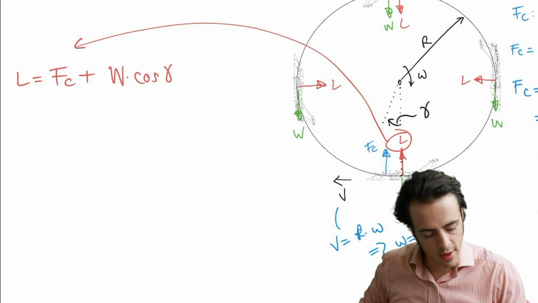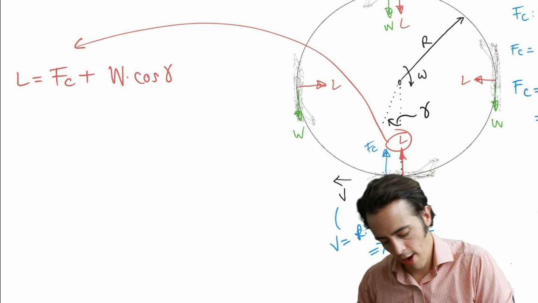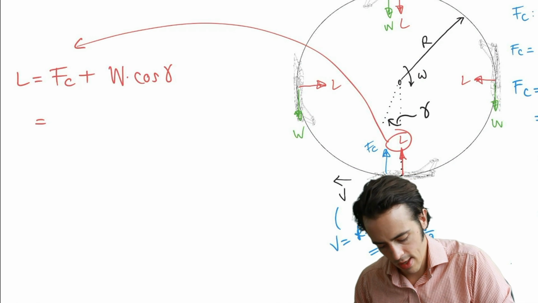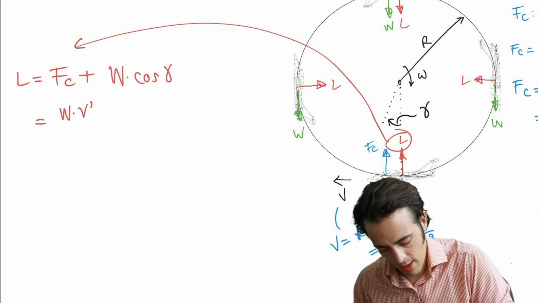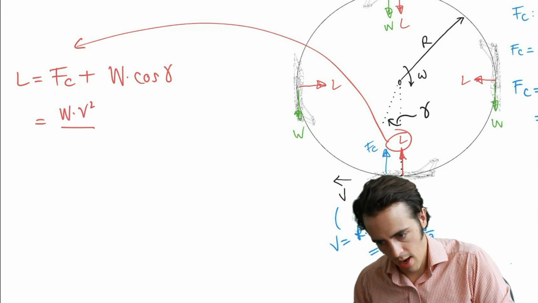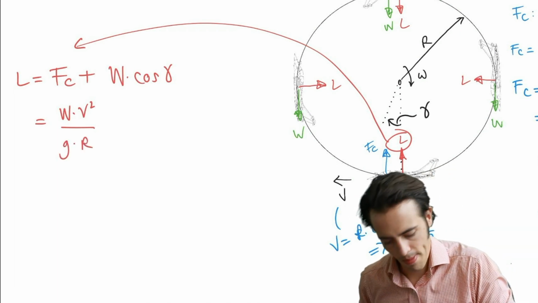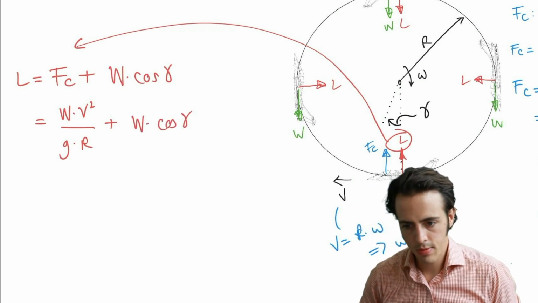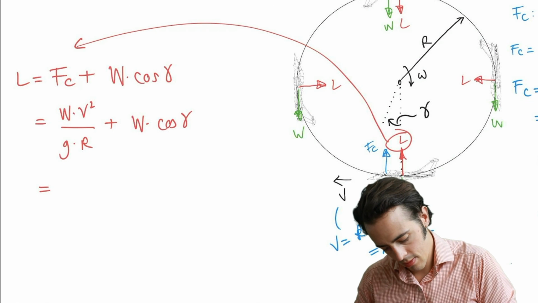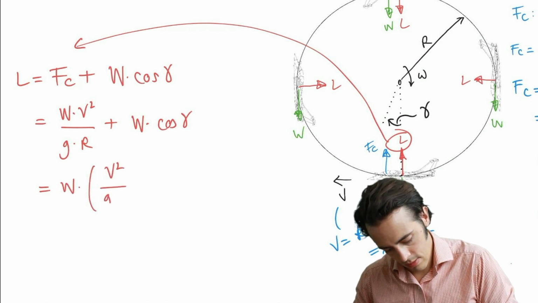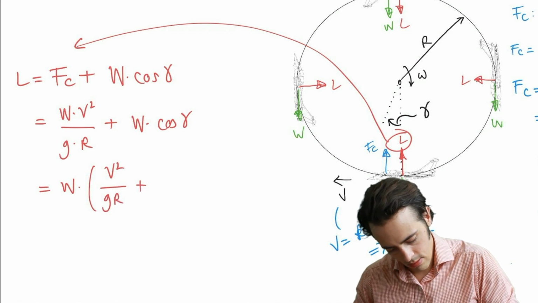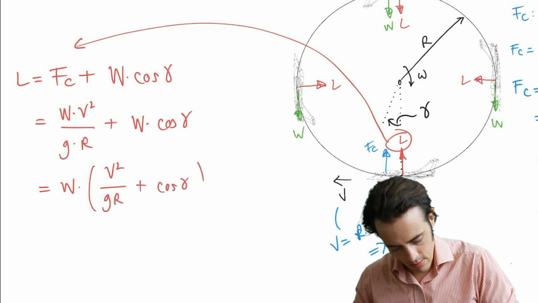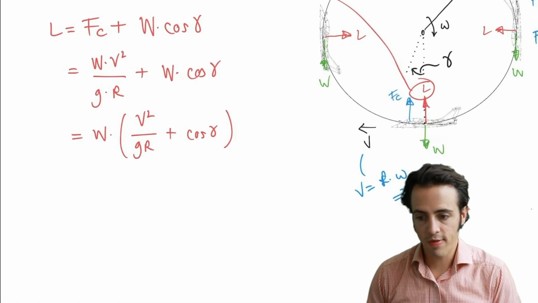So we've already got this expression for Fc. We can just replace that. We've got W multiplied by the flight speed squared divided by gravitational acceleration and the loop radius. Okay, so we have this expression for lift.